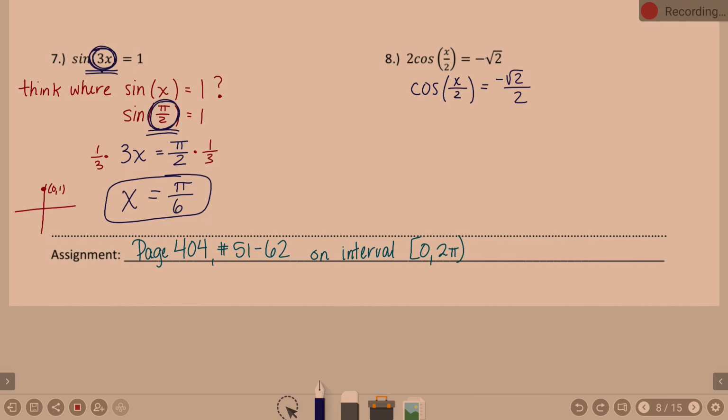Now that I have cosine of something, now I'm ready to think, if you will. However you want to put it, that was my way of trying to get us to equivalent. So we're going to think, where does cosine of x equal negative square root of 2 over 2?